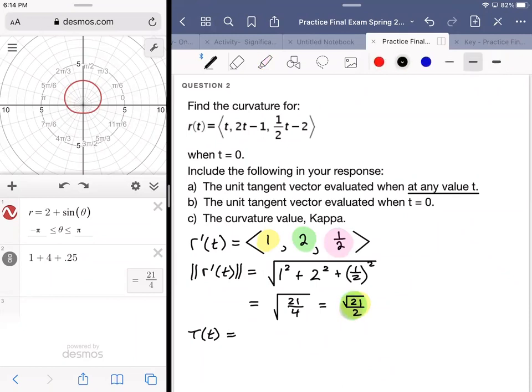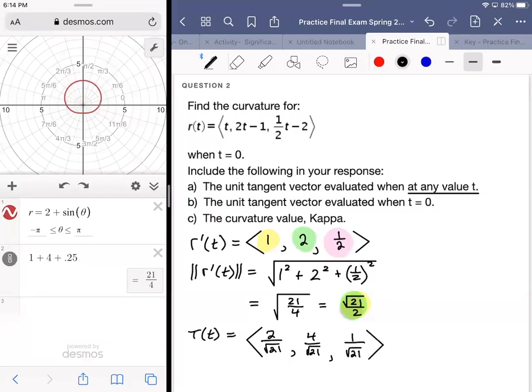So 1 divided by radical 21 over 2 is going to be 2 over radical 21. 2 divided by radical 21 over 2 is the same as 2 times 2 over radical 21, so 4 over radical 21. And then 1/2 divided by radical 21 over 2 would be 1/2 times 2 over radical 21, which is going to be 1 over radical 21.